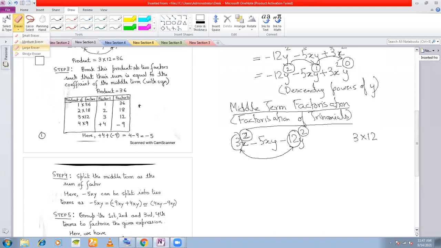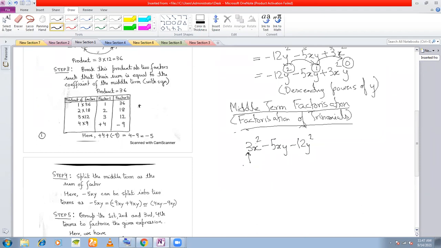Okay, so before I start with this, let me write this: 3x squared minus 5xy minus 12y squared. What are these called? This 3 is called the coefficient of x squared. Minus 5 here is called the coefficient of xy. Okay, minus 5. And minus 12 is called the coefficient of y squared.